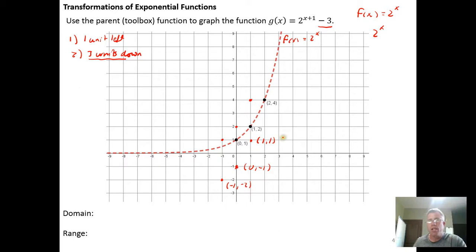And so the other key thing that we need to do that we haven't had to do before is we also need to transform the horizontal asymptote. So we have the horizontal asymptote for the toolbox function, which is the x-axis or the line y equals 0. And the key is that the vertical transformation gets applied to the horizontal asymptote as well.